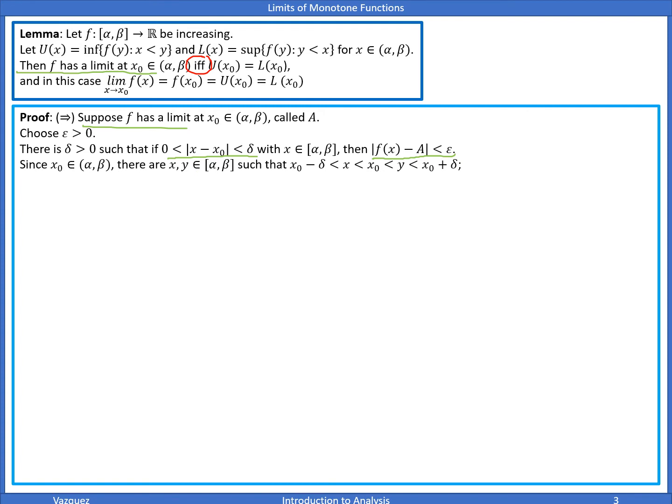Because x naught is in the open interval alpha beta, we can find points x and y between x naught minus delta and x naught, and between x naught and x naught plus delta. So we can wedge those points in somewhere in between there.